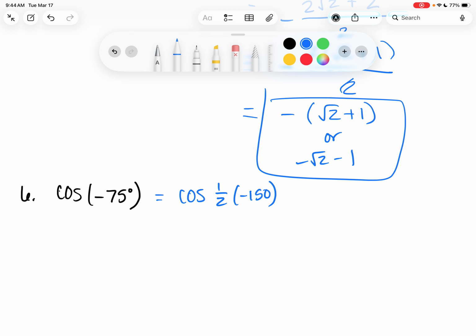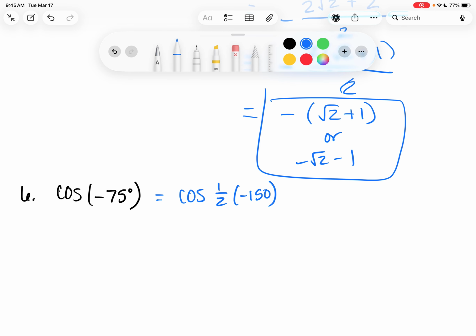Find the coterminal angle. How do I do that? You look at the circle and find the opposite.